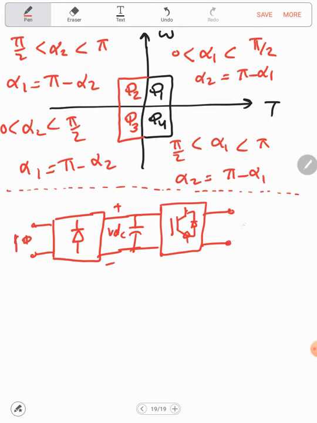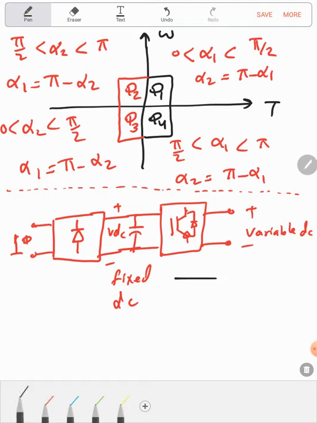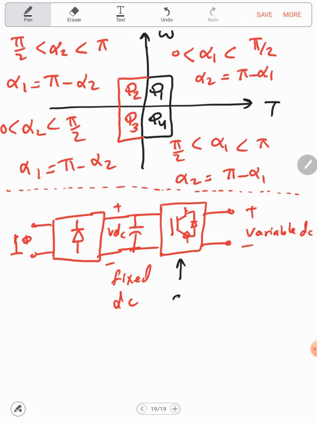So this is the configuration. Here we have a single phase. Here we have fixed DC. Here we'll have a variable DC. And this, what we call a chopper. And this is the uncontrolled rectifier.